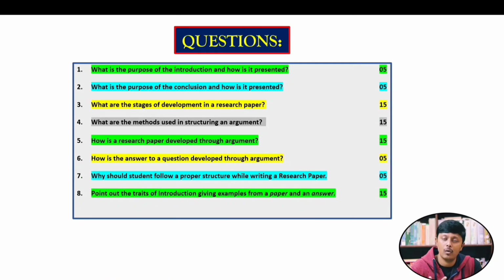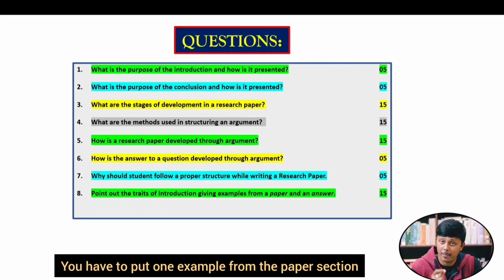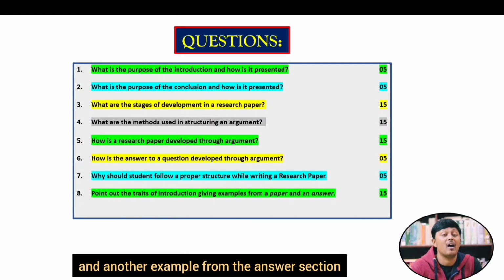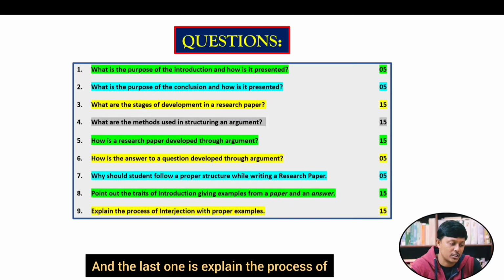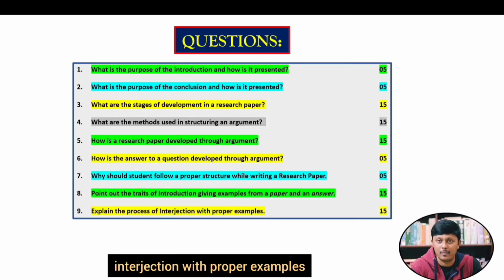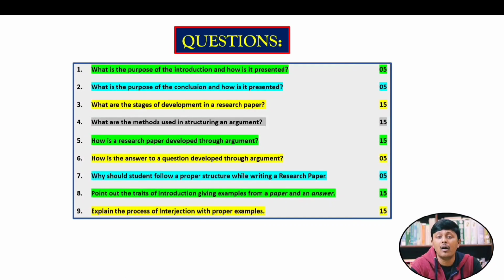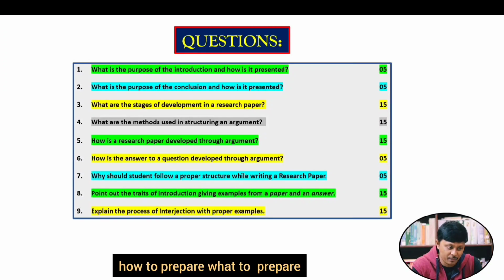That means you have to put one example from the paper section and another example from the answer section. And the last one is: explain the process of interjection with proper examples. So this may be asked for 15 marks. What you have on your left side are the questions, and on the right side, you have the marks. So it may be for your convenience, it will become easier for you to know how to prepare and what to prepare.